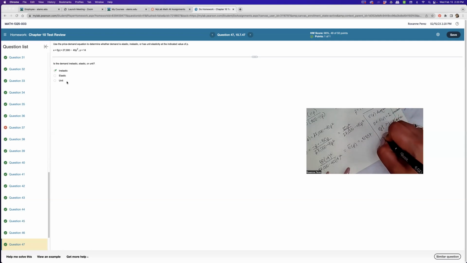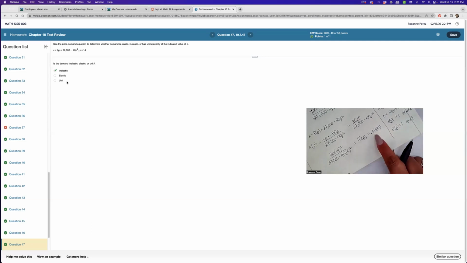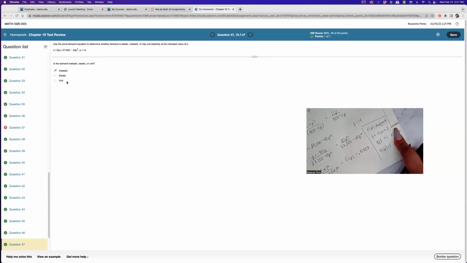And for E of p equal to 1, it's unit. Okay, so for this number, E of p is less than 1, so our value is between 0 and 1. So our demand is inelastic. Okay, this is toolbox information.